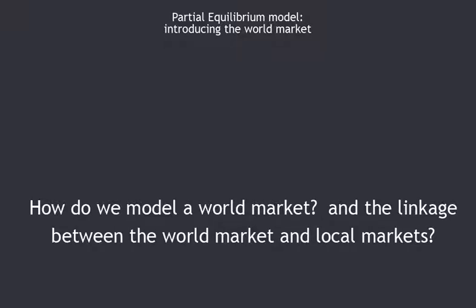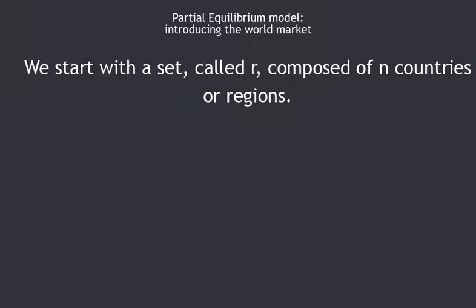So we start with a set called R, and it is composed of n countries or regions. So it means that we may have countries like France, United States, China, and other countries, and we can have regions.